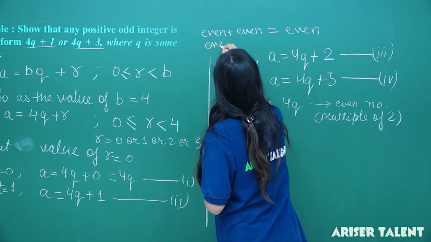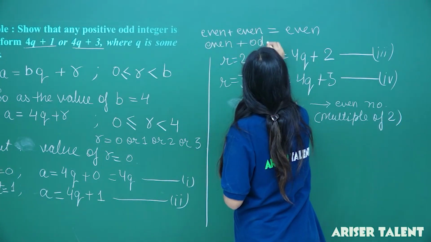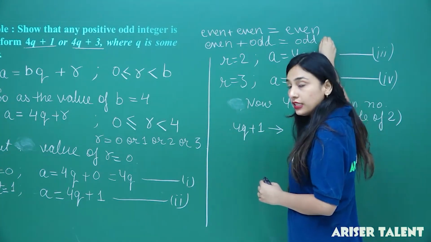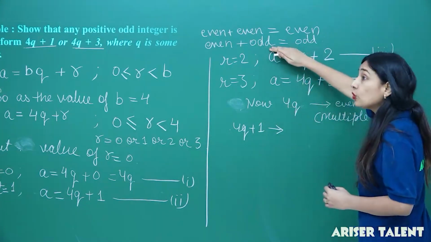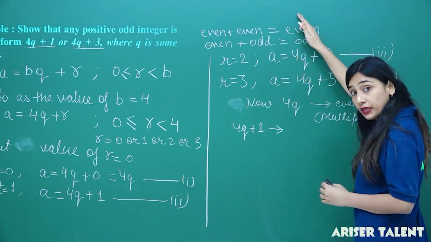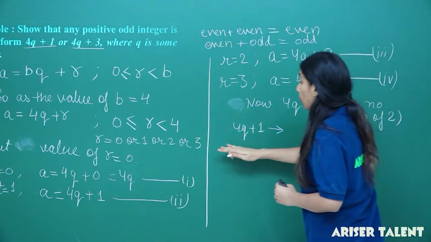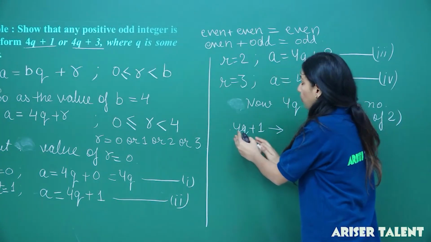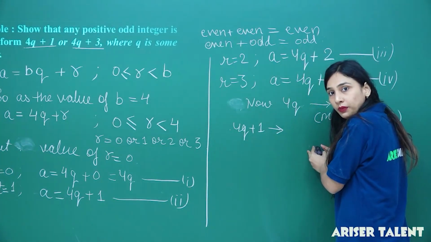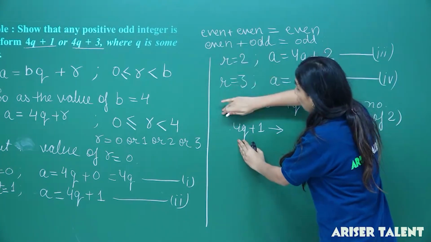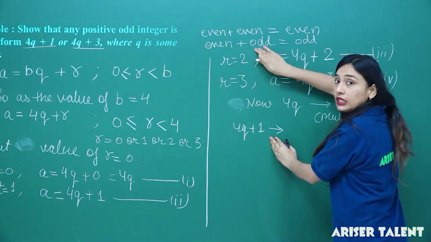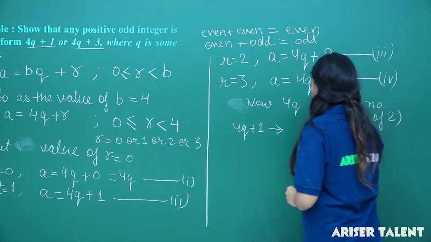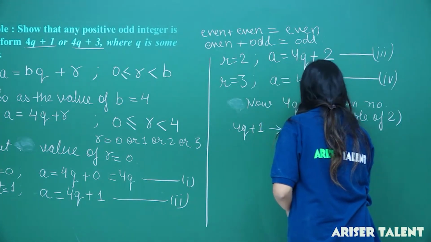An even number plus an odd number will always be an odd number, right? So we will use this property here. 4q plus 1, 4q is even, 1 makes it a consecutive number. In another way, 4q is even and 1 is odd. So it will give us an odd number. So it will be odd.